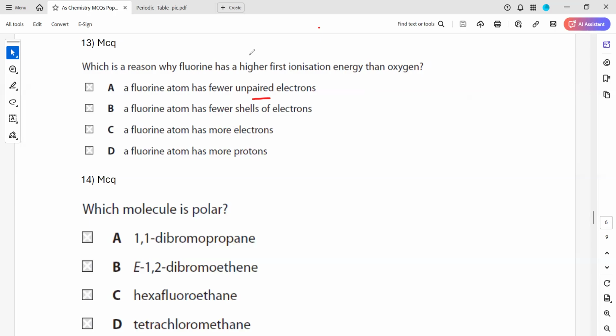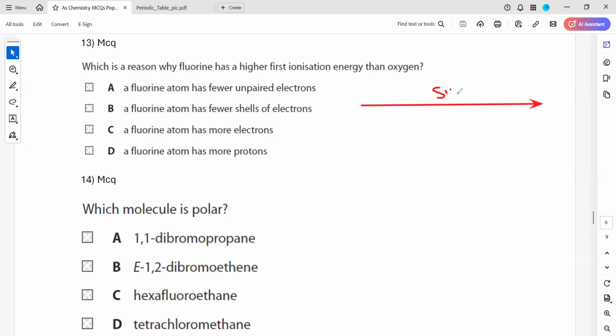Whenever we look at ionization energy, we check the size. If the size is large, the ionization energy is smaller. If the size is bigger, you need less energy to remove an electron. If the size is smaller, you need more energy. Generally, when we move across the period, the size decreases.